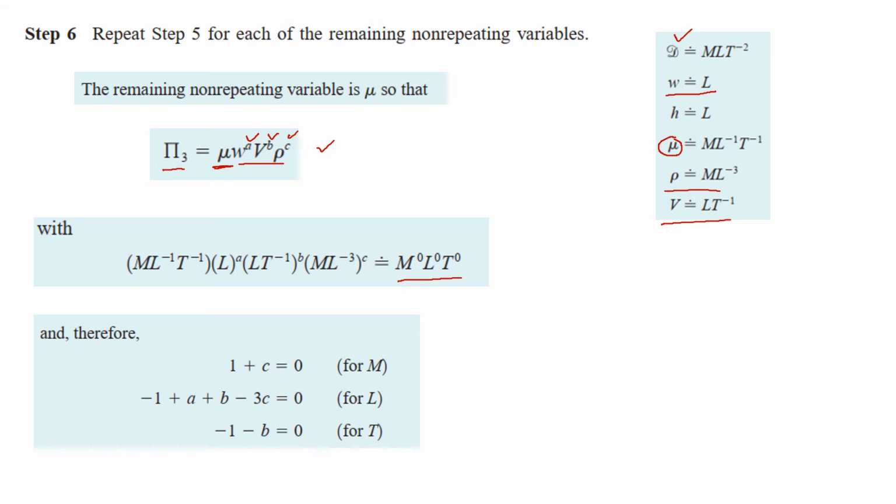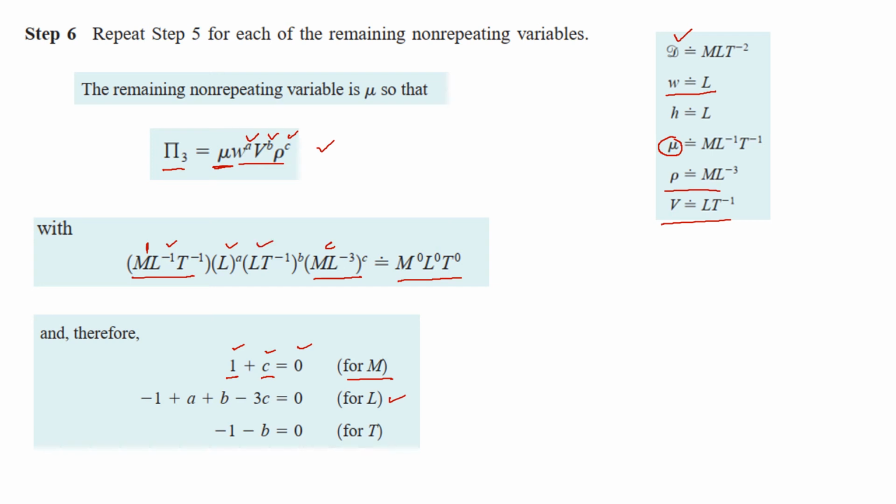So this is 1 plus c for mass m. So mass m is here in the viscosity. So here the mass power is 1. Then it is repeated in the density, and here its power is c. So 1 plus c is equal to 0. Then we will do the same for length, and for length here the power is minus 1. Here it is a.